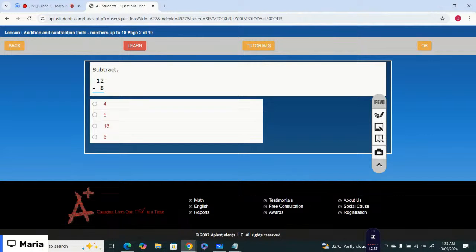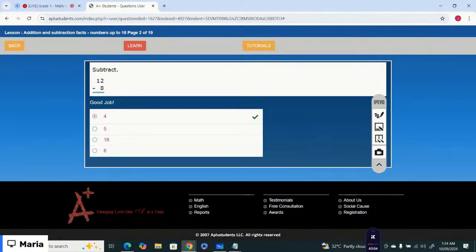The next one is 12 take away 8, which is the correct option? 12 take away 8 is, yes, 4 is the correct option. Option number 1 is the correct option.